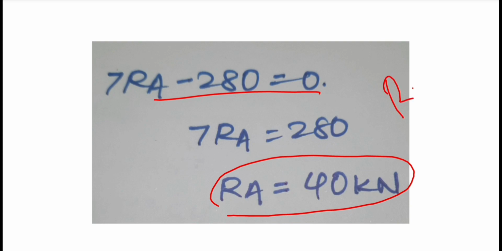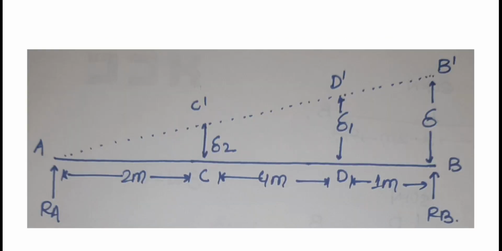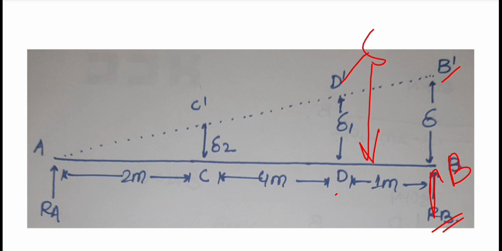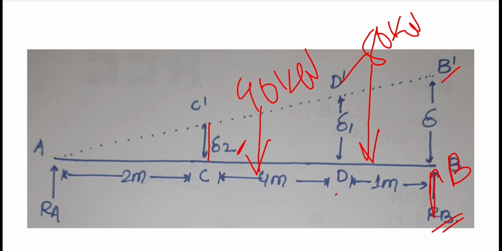Now we will solve for the value of RB. We take that the displacement taking place is due to RB. So point B becomes B dash, and point D becomes D dash. On point D there was an 80 kilonewton force. On point C the displacement becomes delta 2, and it has the force of 40 kilonewton.